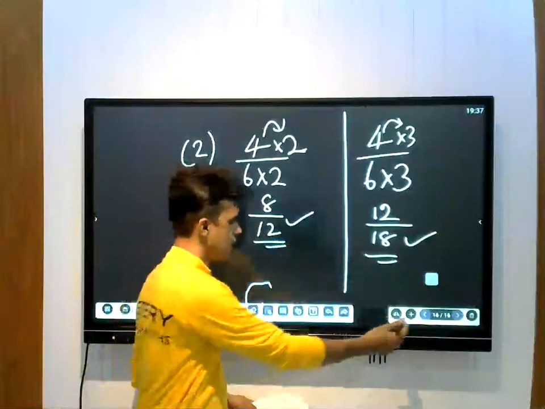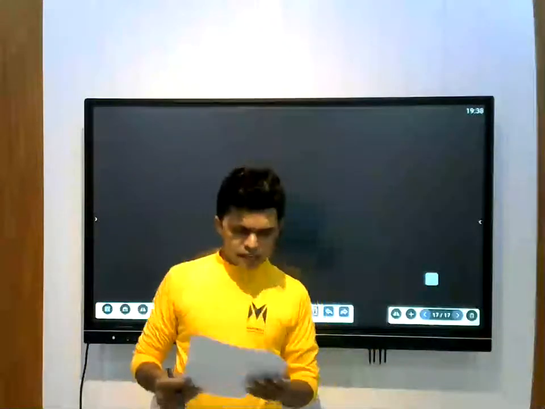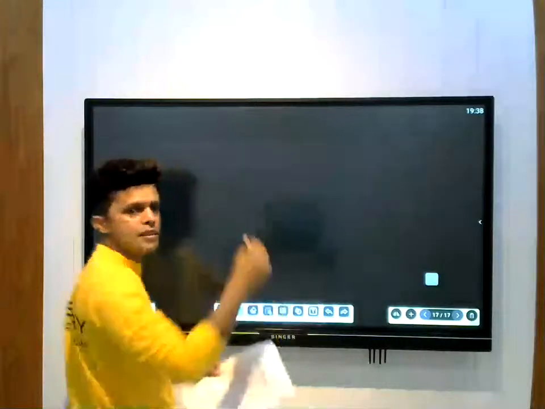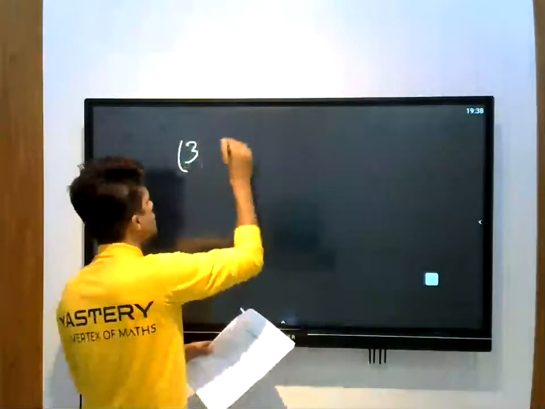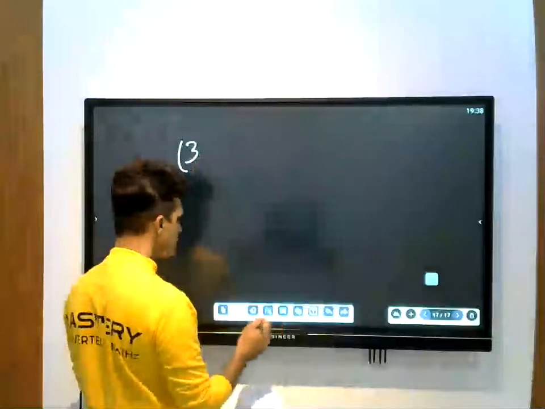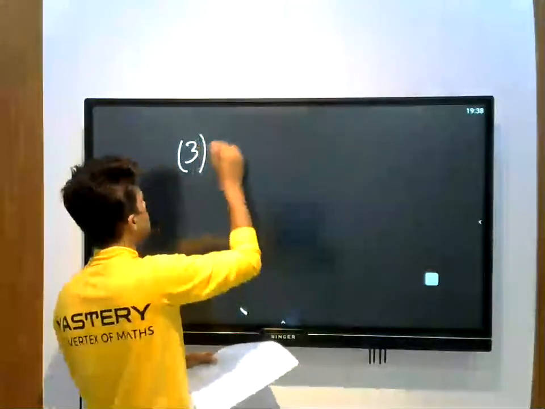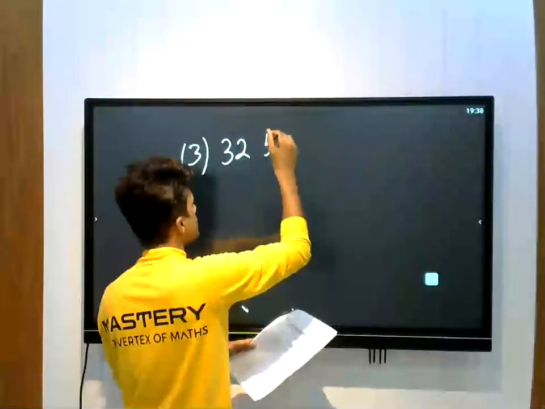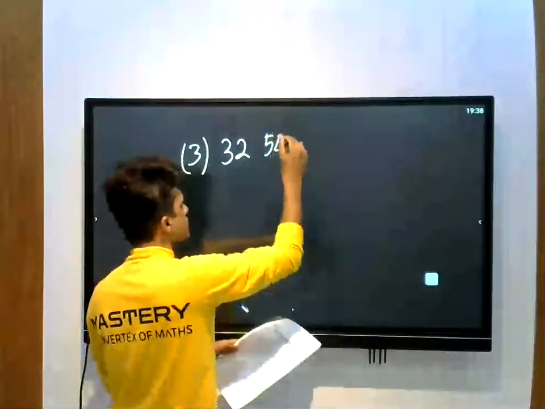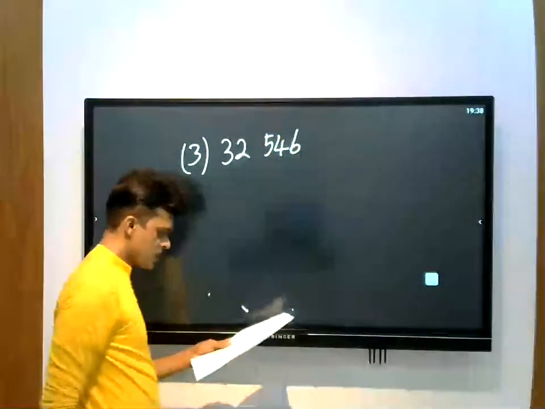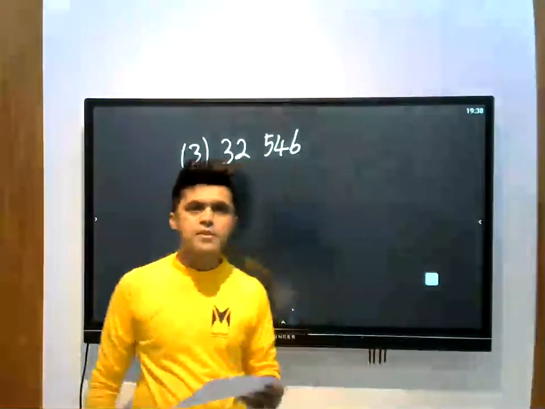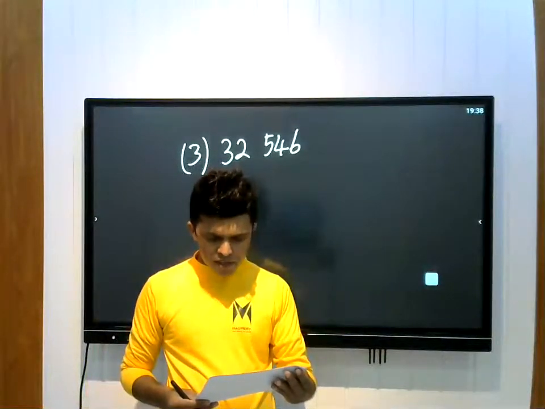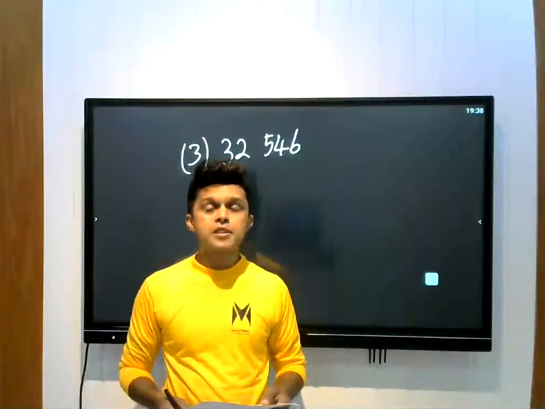Let's discuss the third question. In the number 32,546, how many times the value represented by 2 is the value represented by 4?